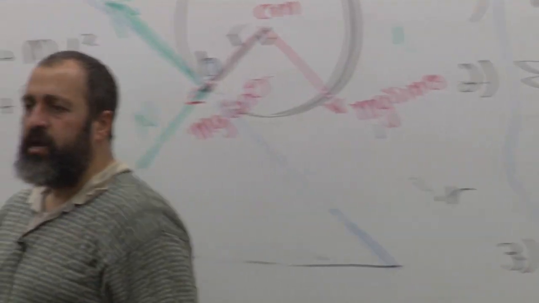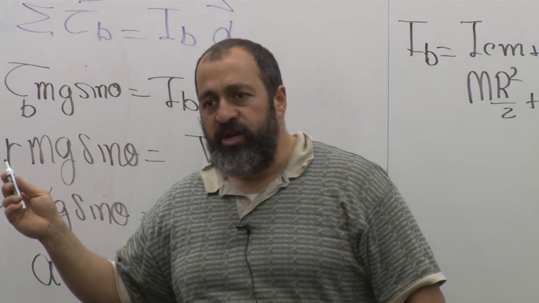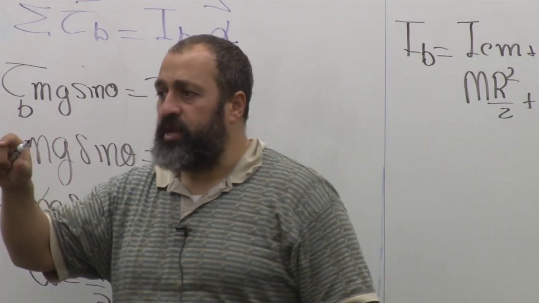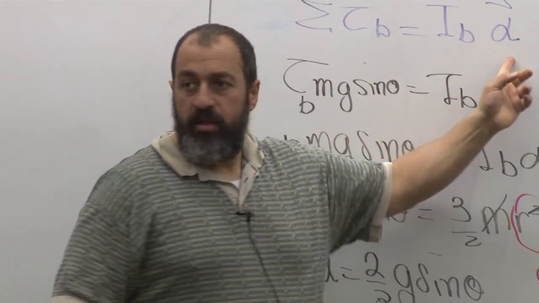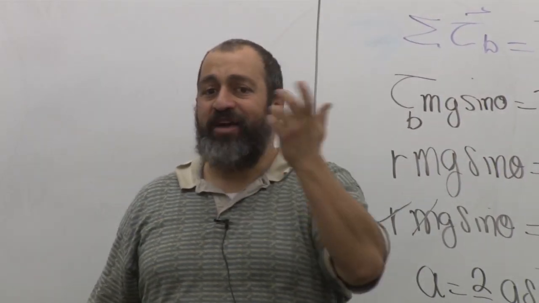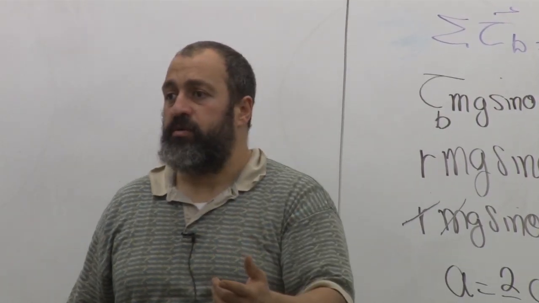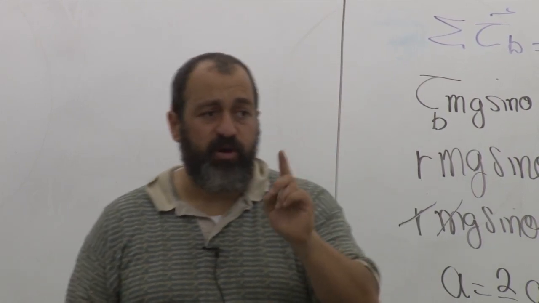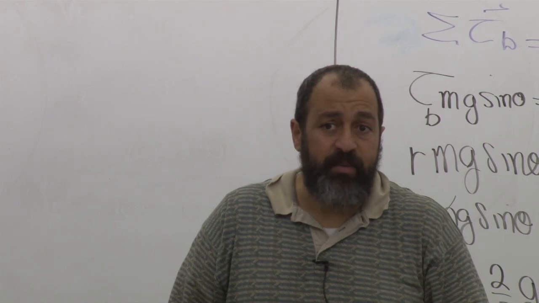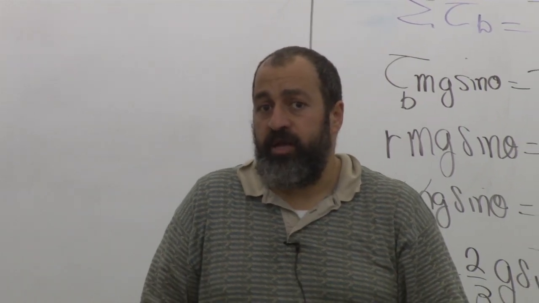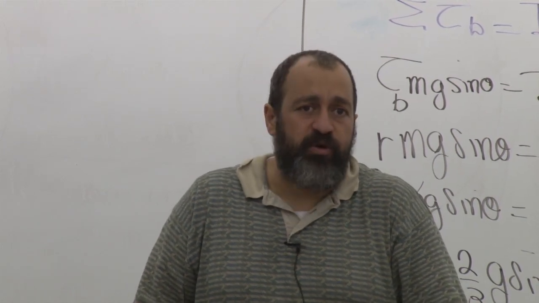In approach B, we thought of rolling motion as a rotation about the momentary pivot at B. But we use the same alpha. Why should it be the same alpha? You can prove it on your own. I'm going to leave it with you to think about why it has to be the same alpha. It's not just because we like it to be that way. It has to be, and there is a way for you to prove it easily.